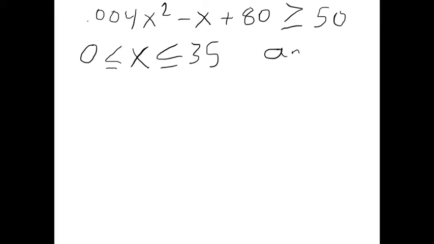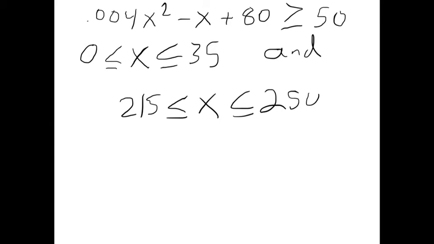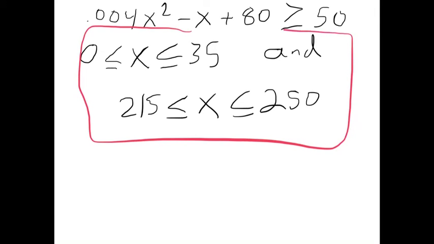That's one of the two places where this inequality was true. And when x is greater than or equal to 215 feet and less than or equal to 250 feet. Remember that the middle point was 125, so the right-hand tower must be 250. And this is the answer to part C. This whole big thing right here.